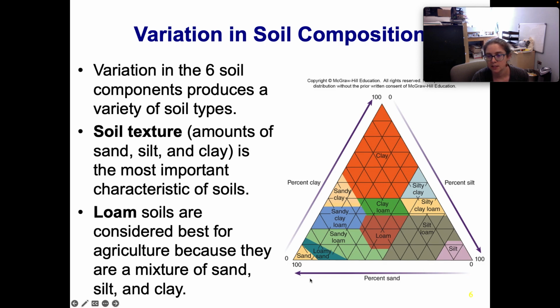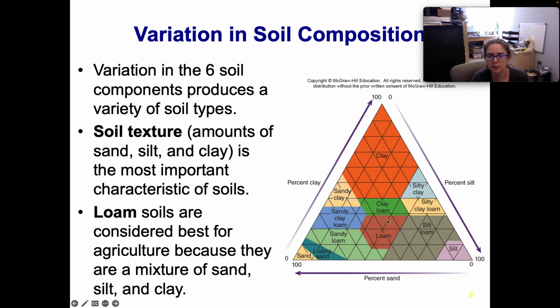So we have percent sand along this axis, percent clay along this axis, and percent silt along this axis. Loam soils are considered best for agriculture because they're a mix of all three components. So you can see loam is situated here, that has a high amount of silt, some clay, but not too much, and a medium amount of sand.